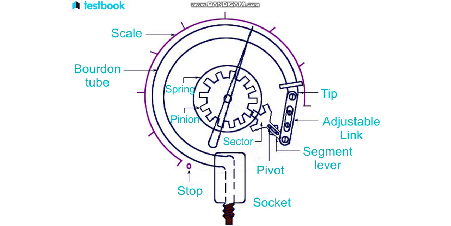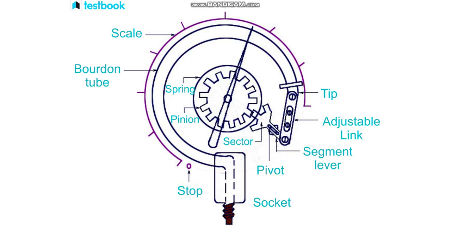The working principle of the C-type Bourdon tube: when the unknown pressure is applied to the Bourdon tube at the fixed end, the pressure is first converted into force. So through the pipeline and Bourdon tube, the pressure is converted into force. At the free end, the force is converted into displacement. This Bourdon tube is also called a primary transducer.